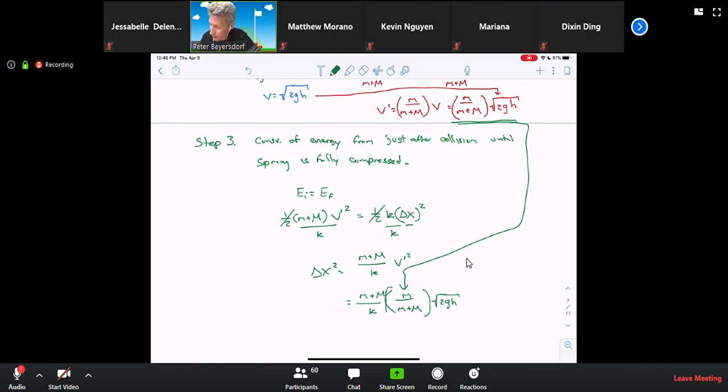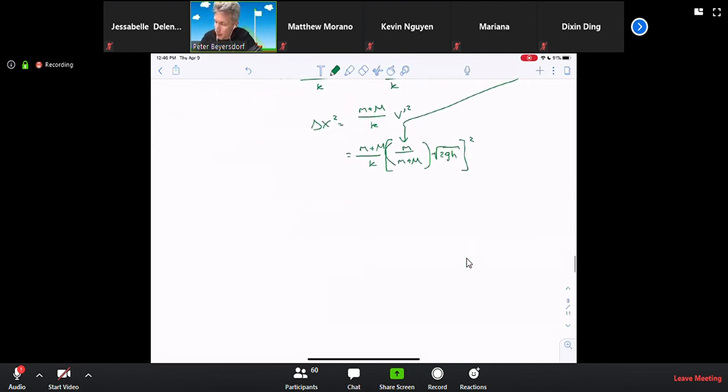And that whole thing gets squared. Okay, so there's a fair amount of simplification I can do. I'll do some of it. So I'm going to go through and square, and then I'm going to cancel out one of these. I'm going to get m squared over k times 2gh. So let me say I found the amount that the spring gets compressed. And let me see if this makes sense.